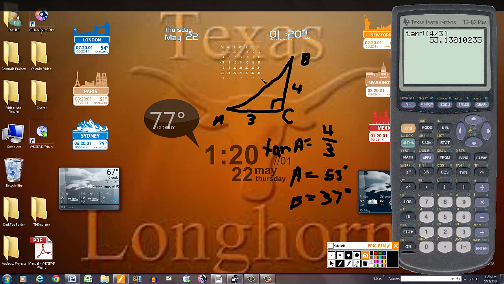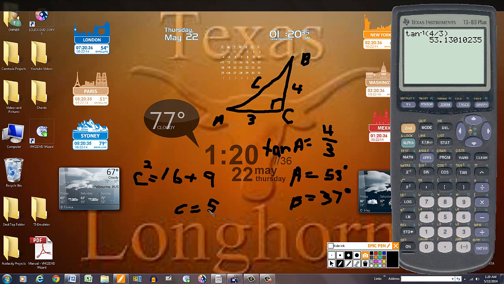So that means that this side here, which we'll label little c, the Pythagorean theorem tells us that c squared has to be 4 squared, which is 16, in other words, the sum of the squares of the legs. So c squared is equal to 16 plus 9, that's 25. So if I take the square root of that, I get the side then is 5 units.